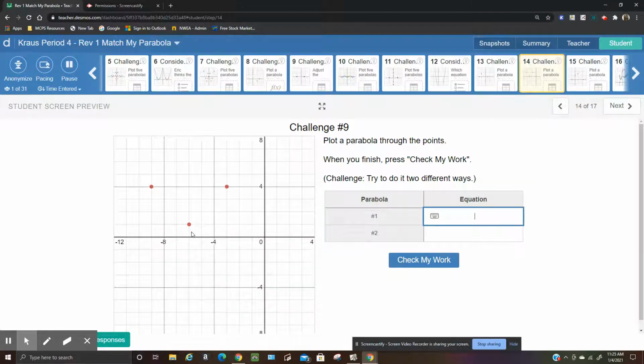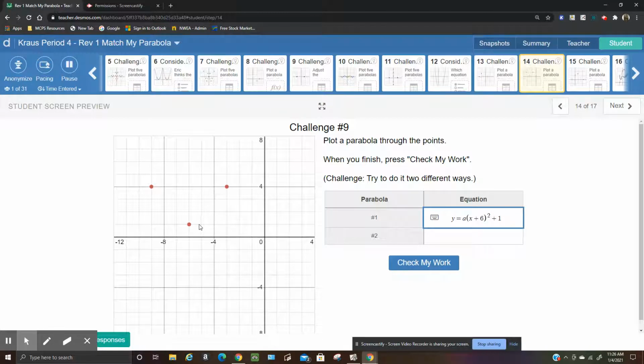So we'll do the vertex form first. A is positive. We don't know what it is yet, we'll figure that out in a second. x minus -6 would be x plus 6, squared, and then plus 1.